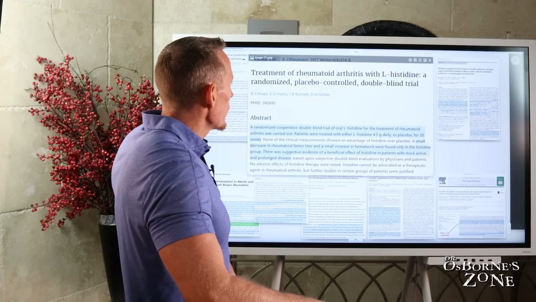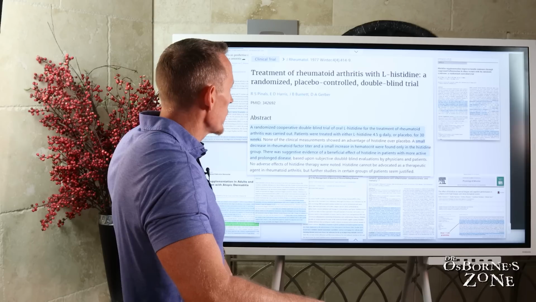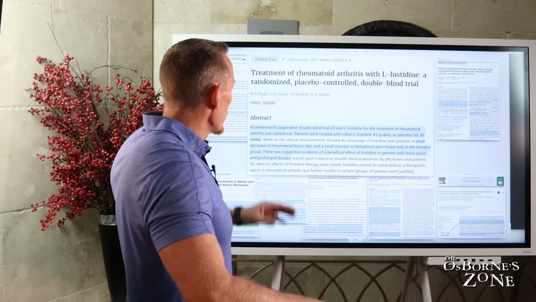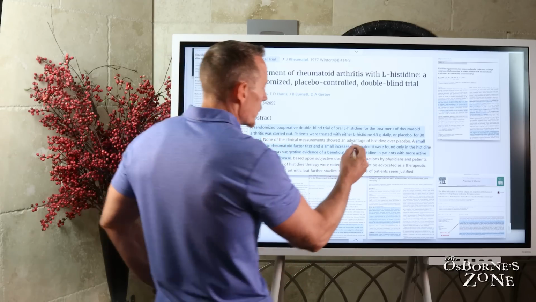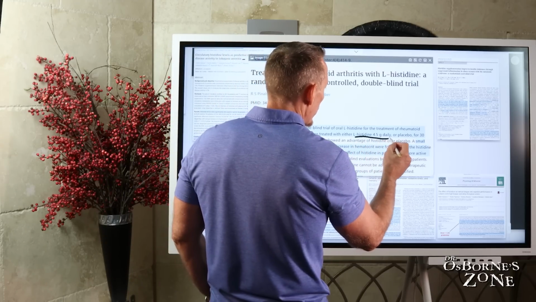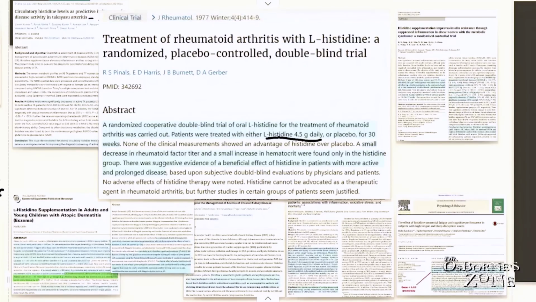In this one, rheumatoid arthritis was treated with L-histidine. This was a double-blind, randomized, placebo-controlled trial. And so you can see what they were using was L-histidine to treat patients, at 4.5 grams per day, or they were using placebo. And they did this for 30 weeks. And what did they find? They found a decrease in rheumatoid factor.